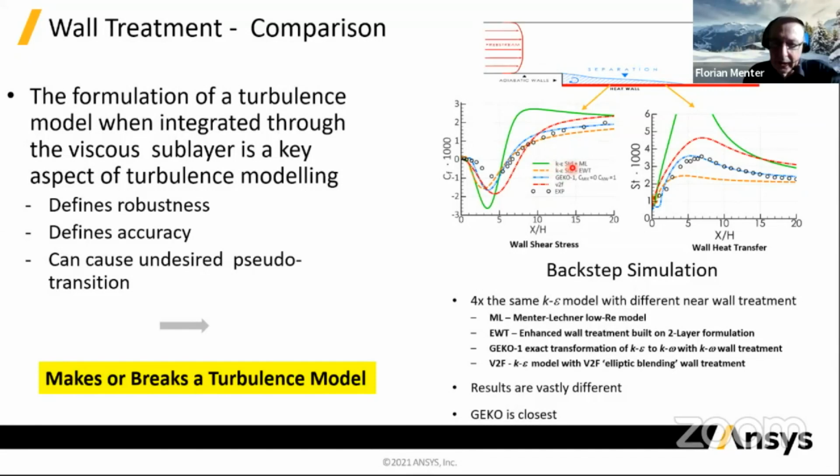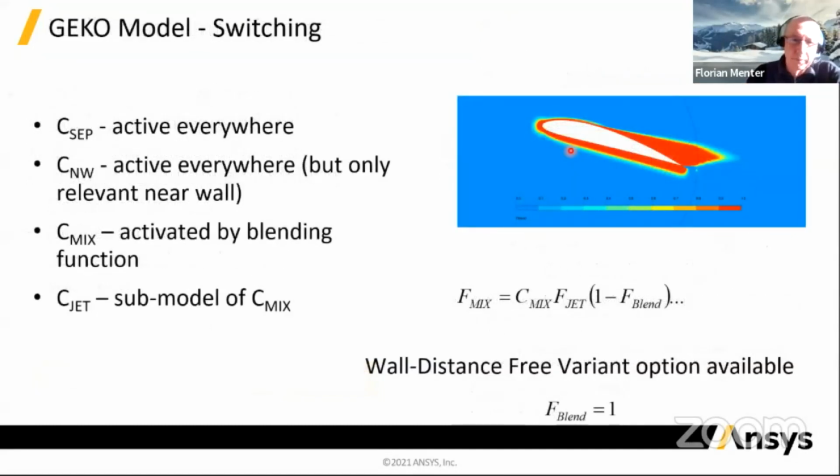We have here a standard K-epsilon model with a low Reynolds number treatment, which gives huge heat transfer rates. We have a K-epsilon model with a 2-layer model near the wall, which is the orange curve, which is much too low, almost 50% lower than the experiments. We have a V2F model, which is the red curve, and then the K-omega type models. They are much closer to the experimental data than any other of the two equation models. So I think they form a very robust starting point for simulations.